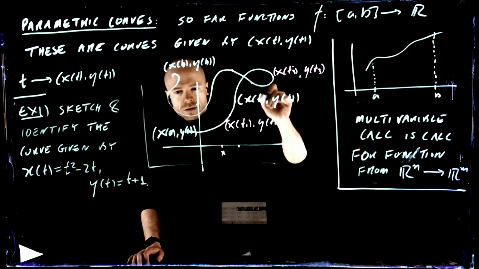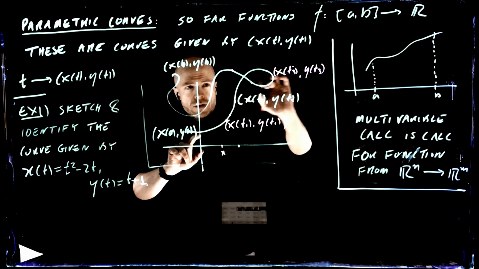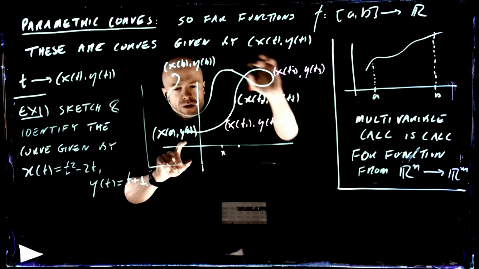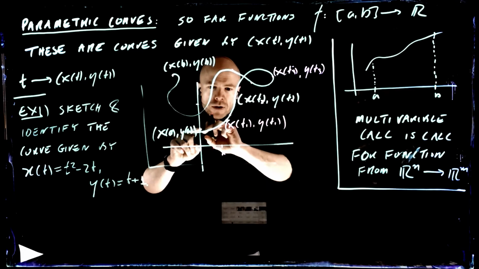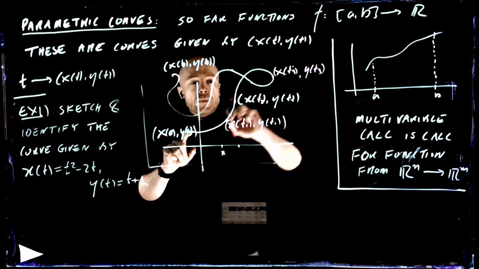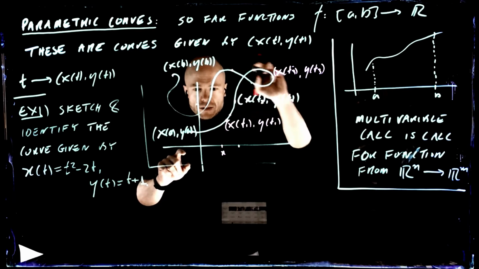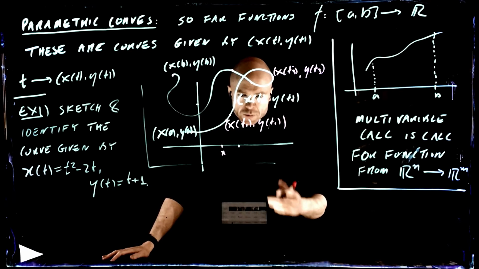So there's two separate things. There's the set of points that the bee goes over, and there's the actual path of the bee. We can have the same set of points that the bee goes over, but there will be multiple ways that it sketches out this set of points. We'll see that in more detail later.